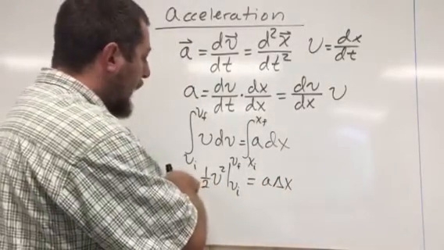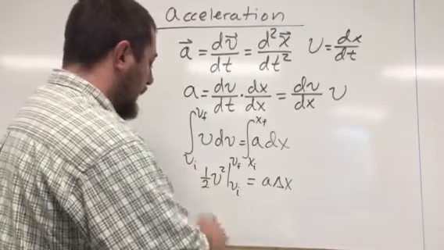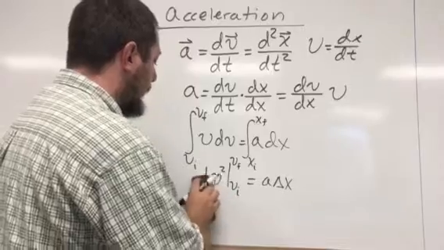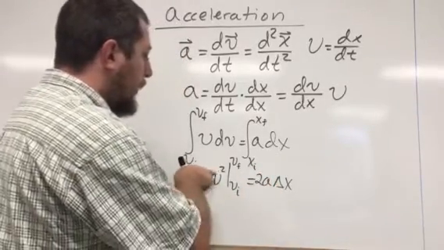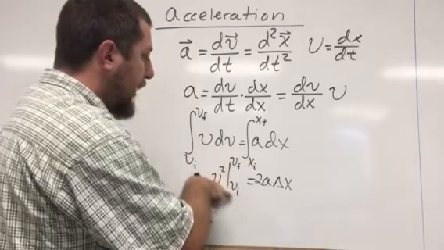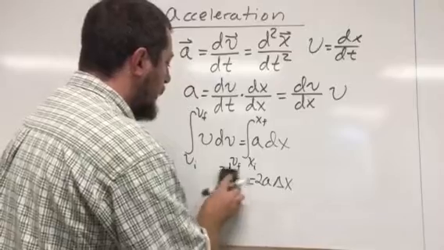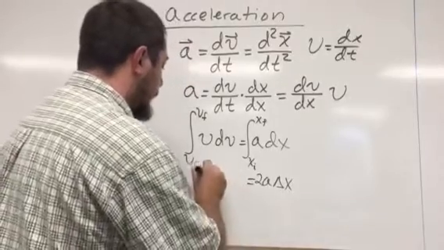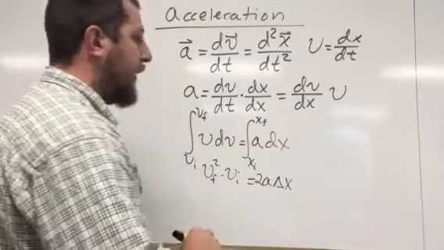And so I can multiply now both sides by 2, and if I multiply both sides by 2, I get rid of my 1/2 here. And this gives me v squared evaluated at vf and vi equals 2a delta x. And so the left-hand side turns into vf squared minus vi squared equals 2a delta x.